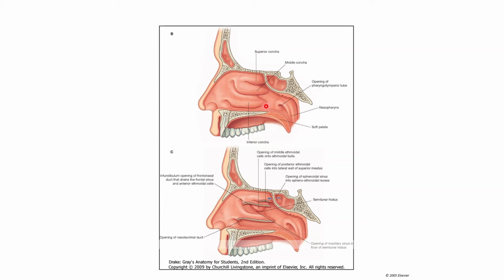It is located about 1.25 centimeters in front of the opening of the auditory tube, which is also called the pharyngotympanic tube.